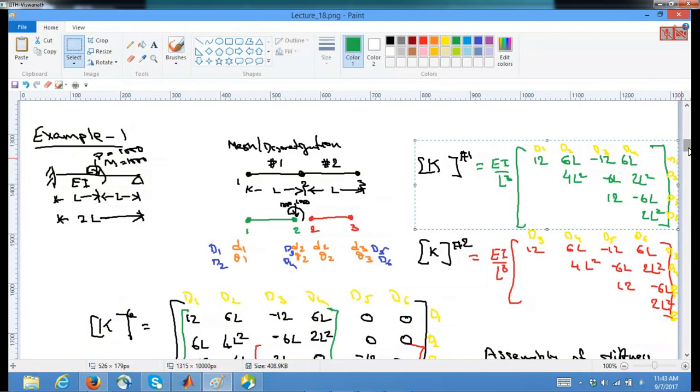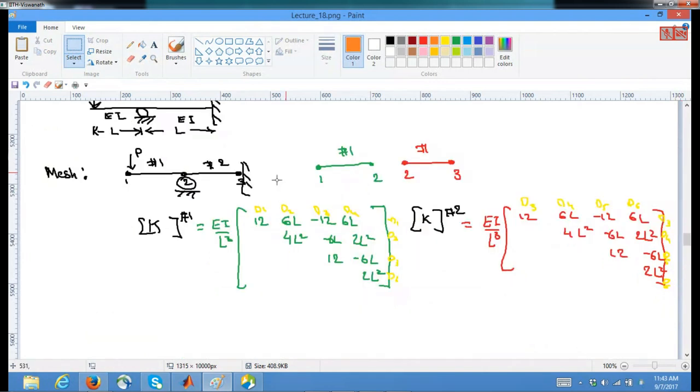Because our degrees of freedom are again d1 theta 1, d2 theta 2, d2 theta 2, d3 theta 3. That is nothing but our degrees of freedom are capital D1, capital D2, capital D3, capital D4, capital D5, capital D6. So the stiffness matrix for both remains the same.